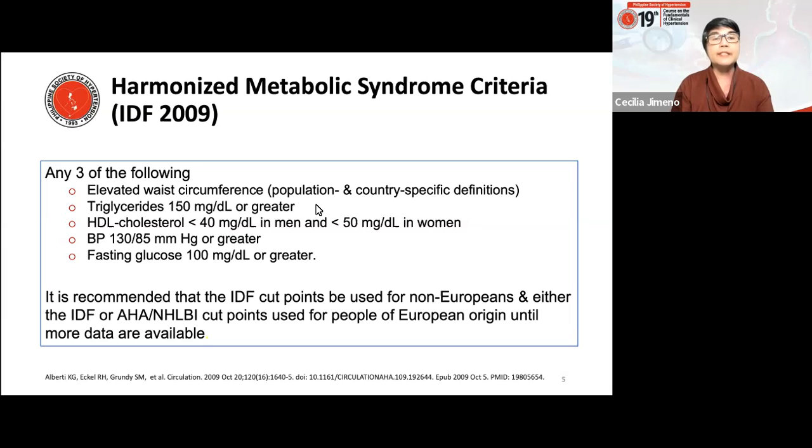Now, coupled with this visceral adiposity are the metabolic abnormalities of triglyceride more than or equal to 150, low HDL cholesterol of less than 40 for men and less than 50 for women, elevated blood pressure of 130 over 85 or greater, and a fasting blood glucose of 100 milligrams per deciliter or greater, representing pre-diabetes as well as diabetes. So this is now the IDF 2009 harmonized criteria for the metabolic syndrome.